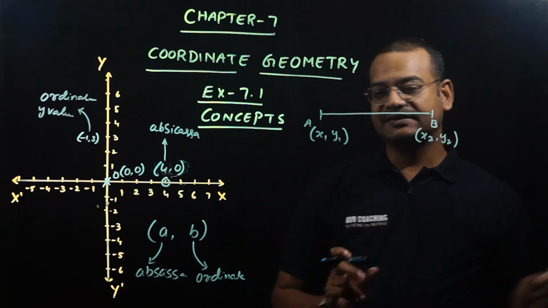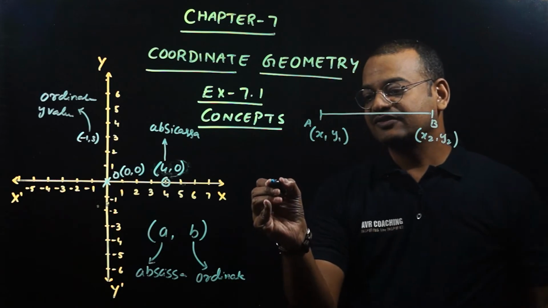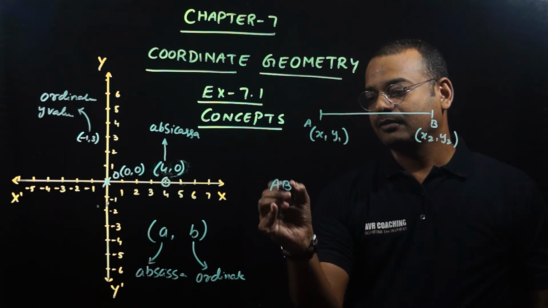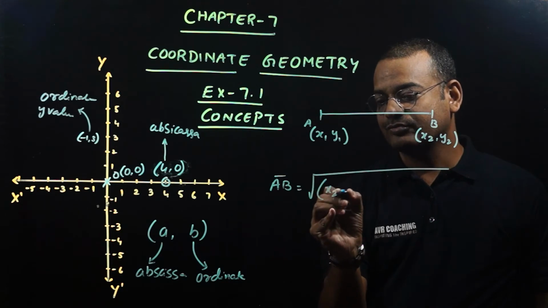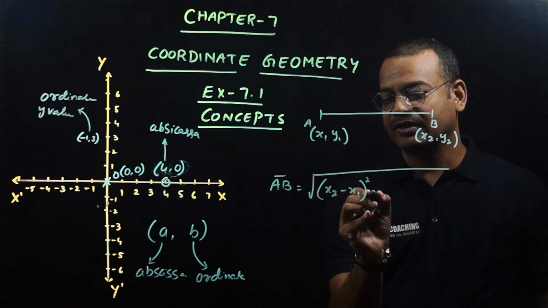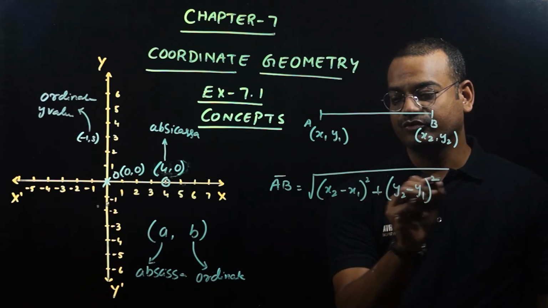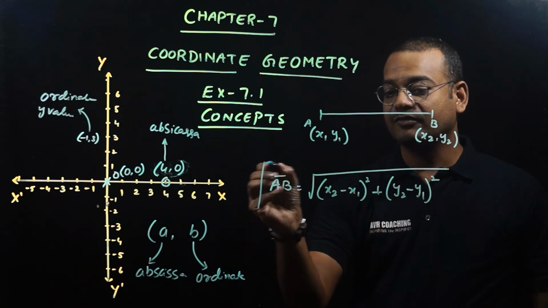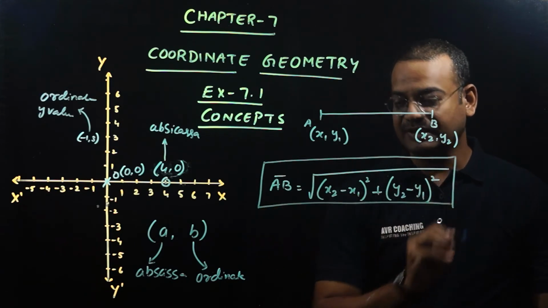To find the distance between these 2 points, the distance AB can be written as root of x2 minus x1 whole square plus y2 minus y1 whole square.